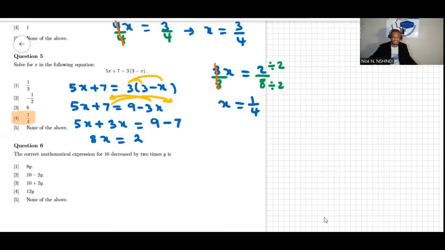Question 6 says: the correct mathematical expression for 10 decreased by 2 times y is. Now let's try to interpret what it says here. 10 decreased by 2 times y.